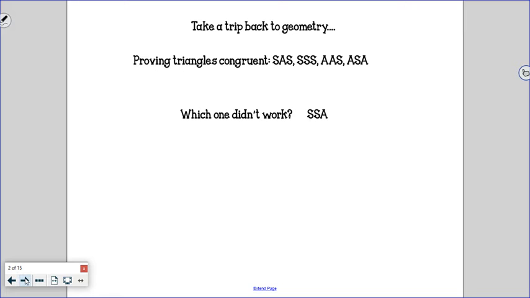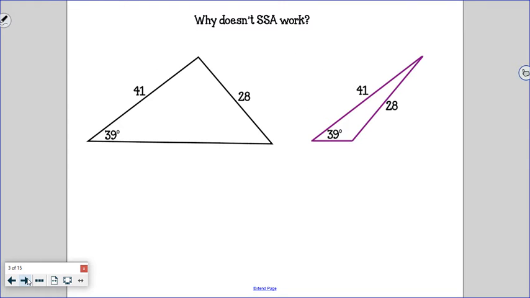And what happens is you can actually get more than one triangle if that's the information that you have. And that's where we get this ambiguous case, is that we are not guaranteed a triangle, and we are not guaranteed just one triangle if they tell us an angle and two sides in the order of side, side, angle, or angle, side, side. So we get this thing called the ambiguous case, because this is what can happen.